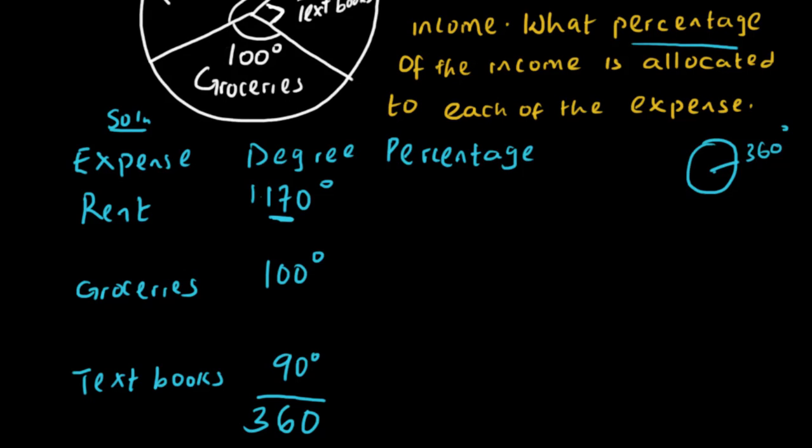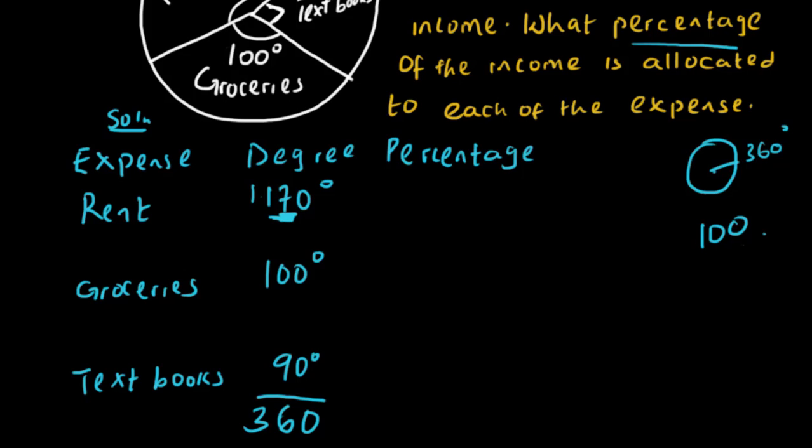Do you understand? But if we are converting to percentage, percentage adds up to 100. So what we are going to do is what we are given divided by the total times 100. Does that make sense? Now, even though you are not given that the total is 360, you know that the total angles in a circle is 360 degrees.